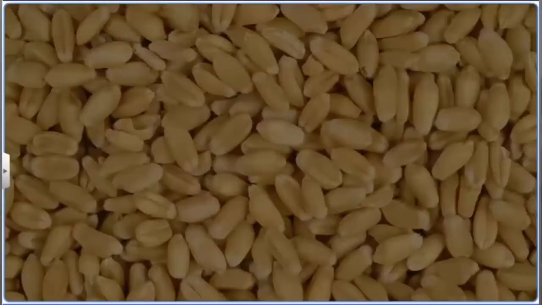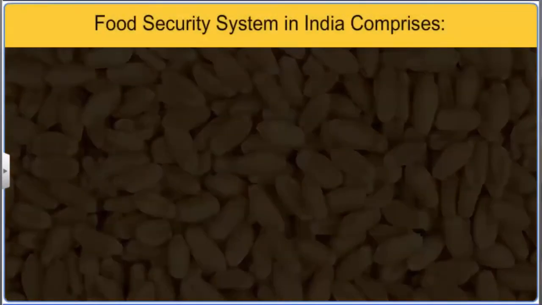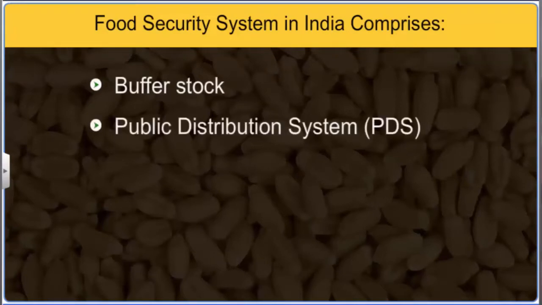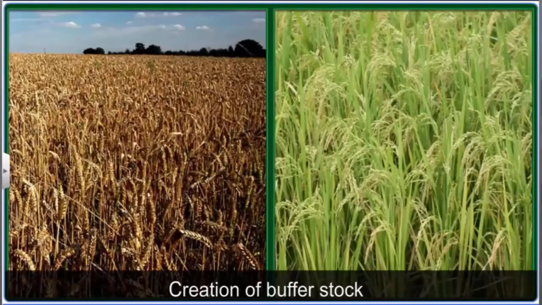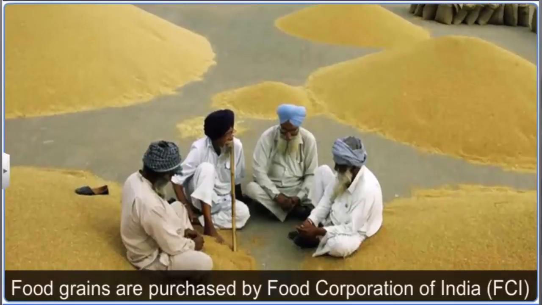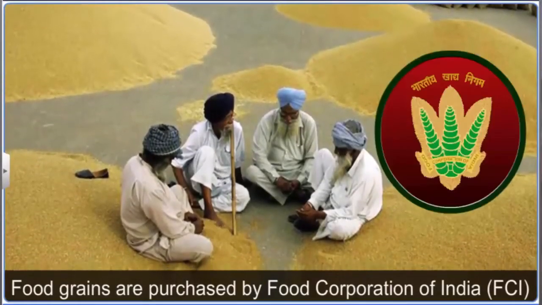The food security system in India consists of the creation of buffer stocks of food grains and their distribution through the public distribution system. Every year, after the harvest of food grains like wheat and rice, the government buys food grains from farmers through the Food Corporation of India.